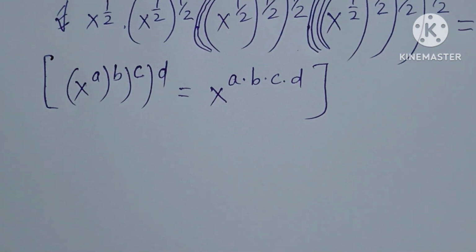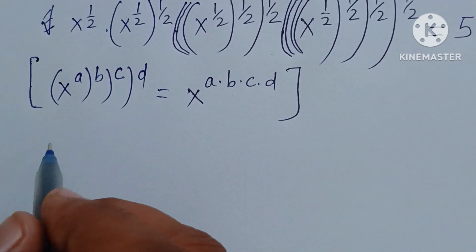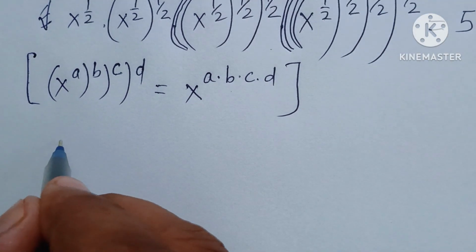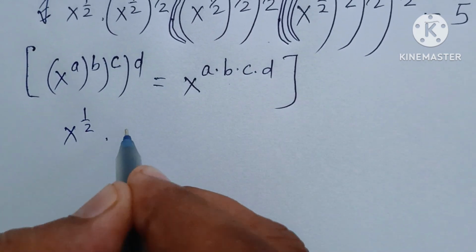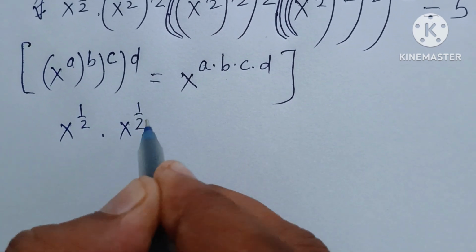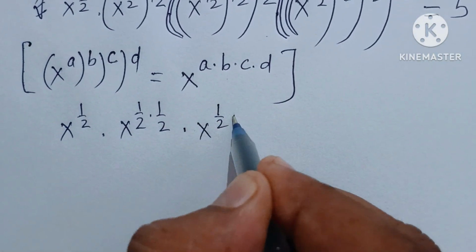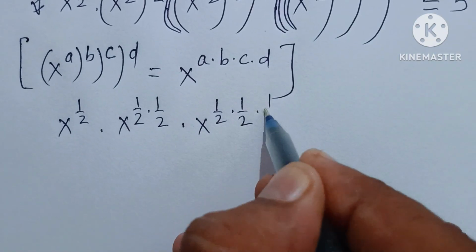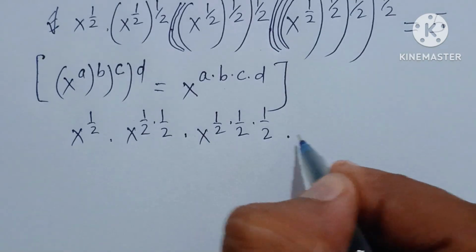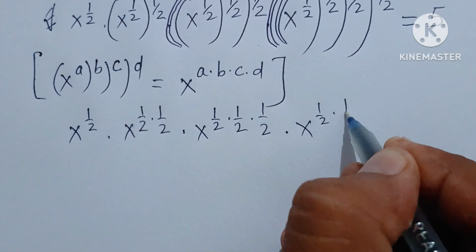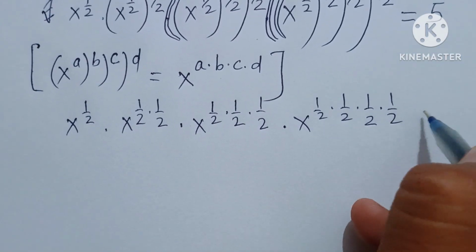Okay, so we can write here x raised to power 1 by 2 into x raised to the power 1 by 2 into 1 by 2 into x raised to the power 1 by 2 into 1 by 2 into 1 by 2 into x raised to the power 1 by 2 into 1 by 2 into 1 by 2 into 1 by 2 equal to 5.